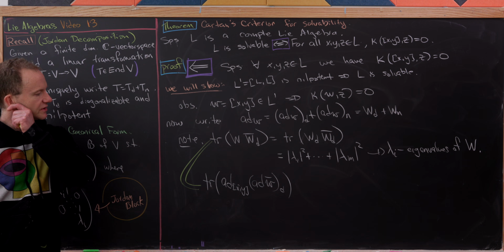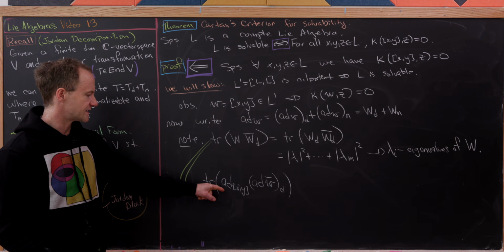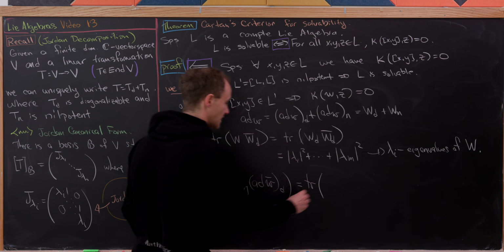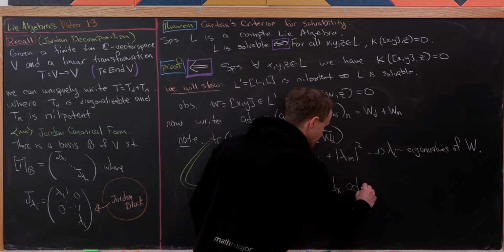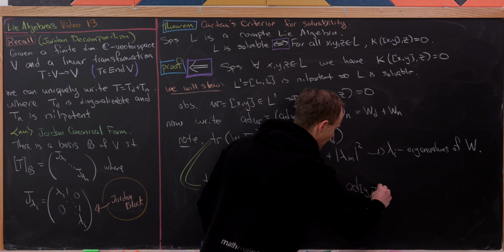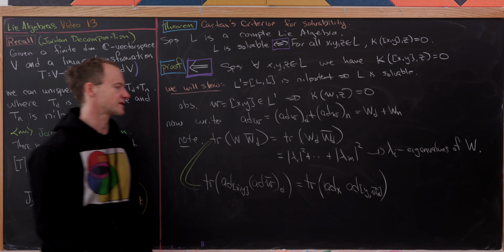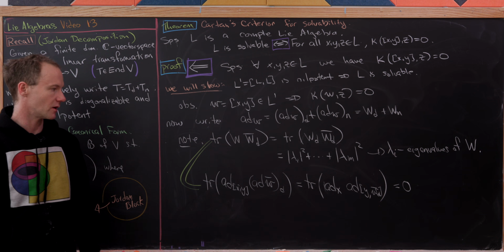Now we can use a property of the trace as well as the commutator to rewrite this as the trace of the adjoint action of x with the adjoint action of the bracket of y with w bar, where we take just the diagonal part. Okay, great. But then by our earlier trace relationship, we know that this trace has to be equal to 0.